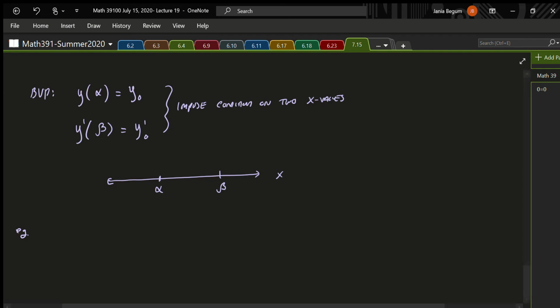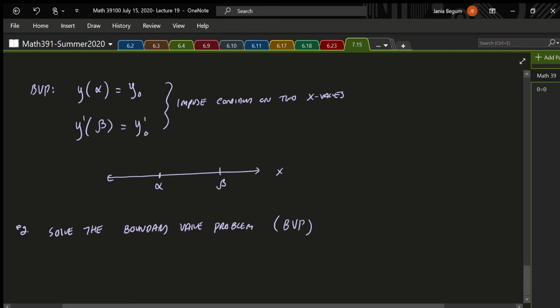So say we want to solve the boundary value problem, which we will abbreviate as BVP.